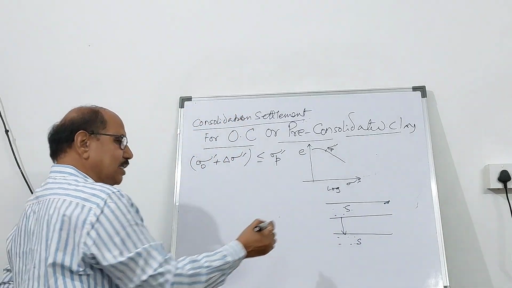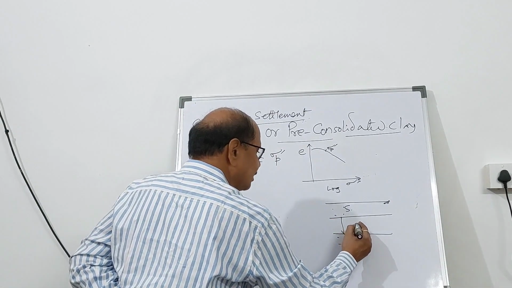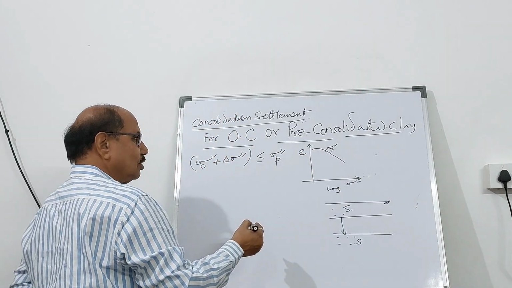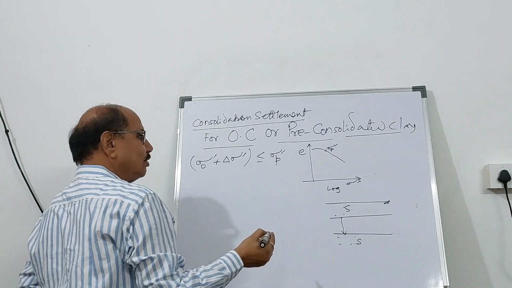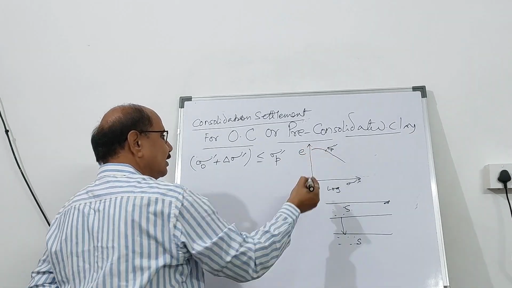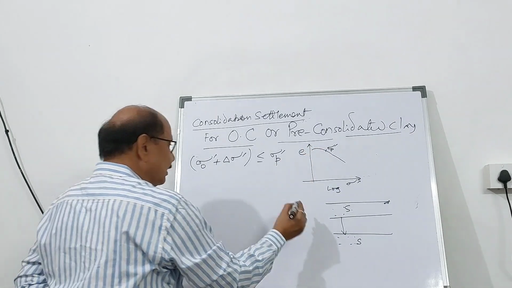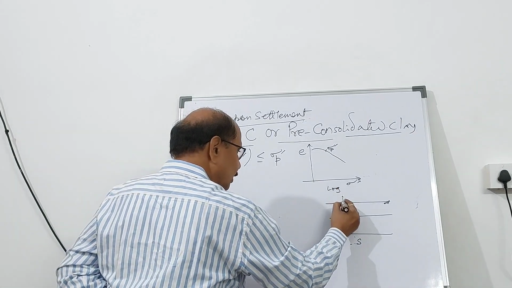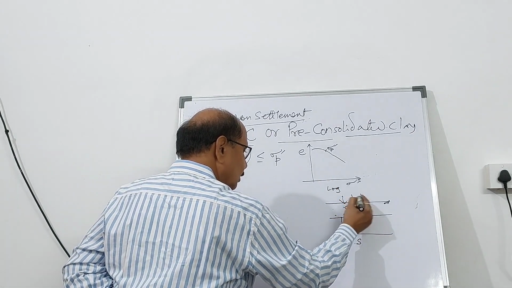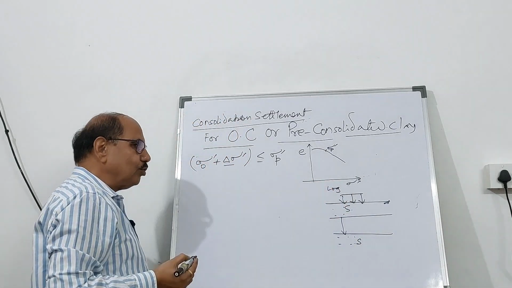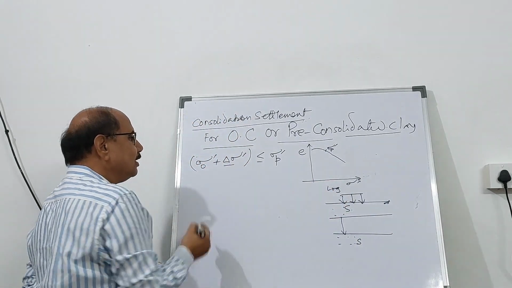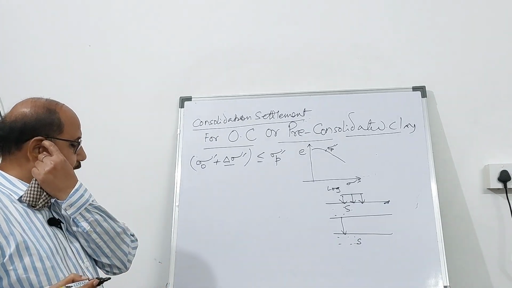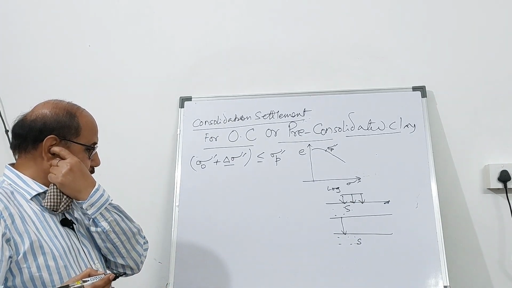This clay has been subjected to higher pressure in the past. So the pre-consolidation pressure, you know it, that it has been subjected to, and the present overburden pressure plus the additional loading, this increase in pressure, is less than or equal to the pre-consolidation pressure.